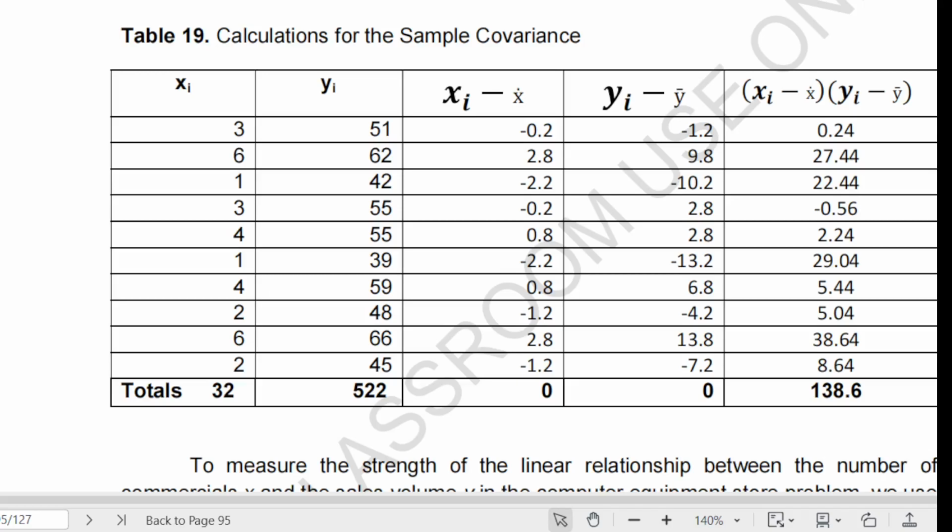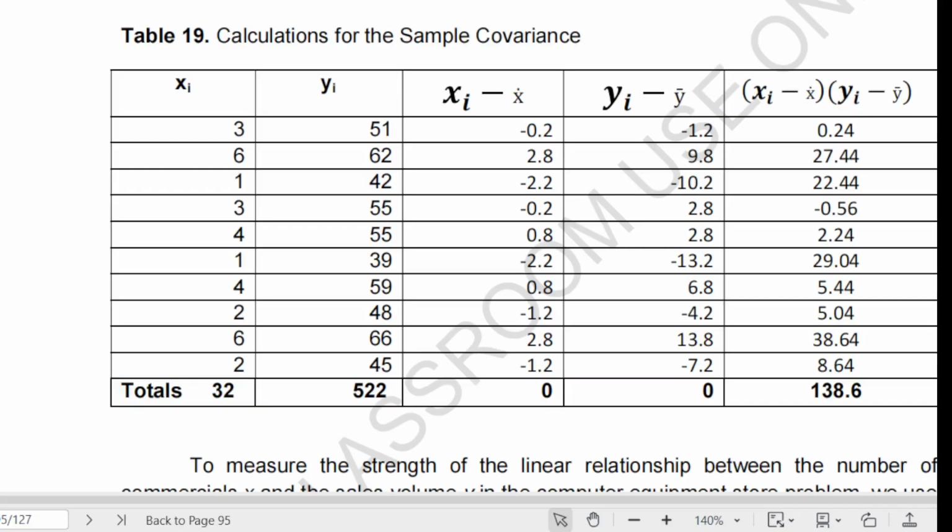Then 6 minus 3.2 is 2.8. 1 minus 3.2 is negative 2.2. 3 minus 3.2 is negative 0.2. 4 minus 3.2 equals 0.8. 1 minus 3.2 is negative 2.2. 4 minus 3.2 is 0.8. 2 minus 3.2 is negative 1.2. 6 minus 3.2 is 2.8. 2 minus 3.2 is negative 1.2.